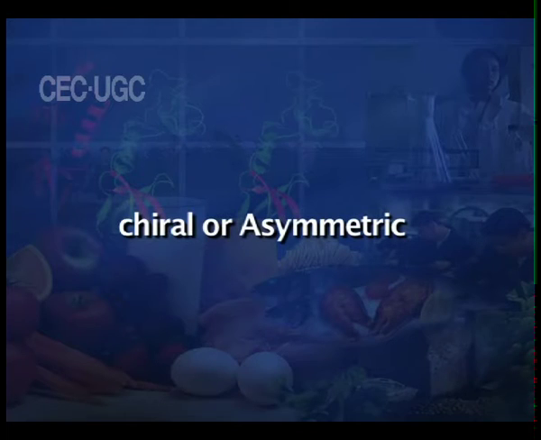This functional group can contain a number of molecules which differ from amino acid to amino acid, and the carbon is called the chiral or asymmetric carbon because its 4 valences are linked to 4 different groups.